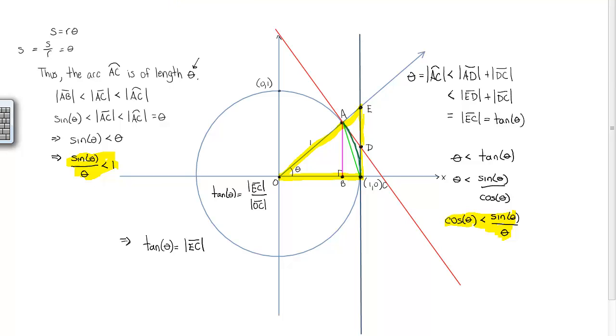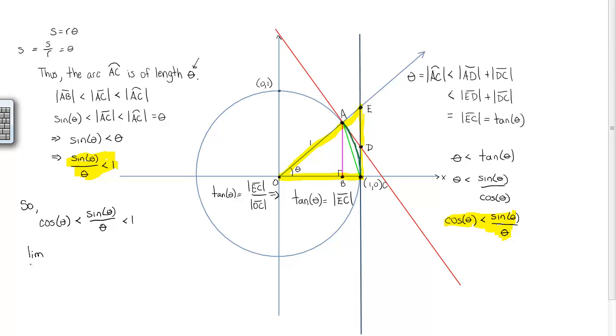So now let's do some mathematics, and I'll actually do the mathematics on this screen. What I might do is move this tan statement here. There we go. And now I'll write my statement. So, cosine of theta is less than sine theta over theta, which is less than 1.